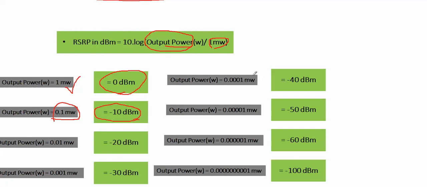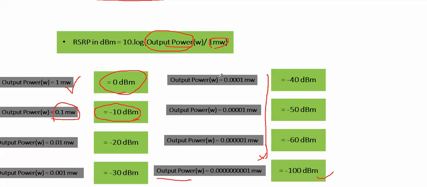Here I am showing you some examples with some output power. If the output power is 0.1 times 0.1, we get minus 100 dBm. This is the formula.